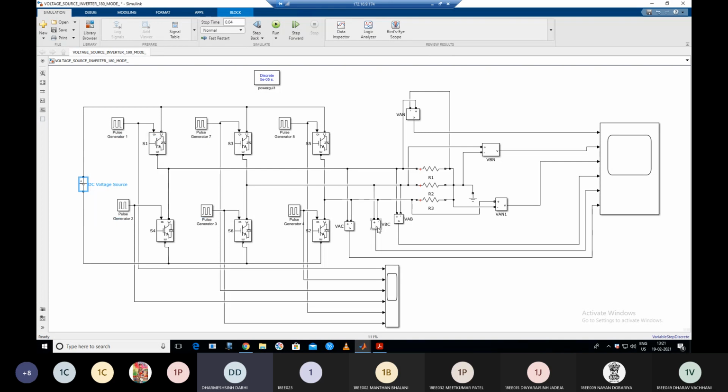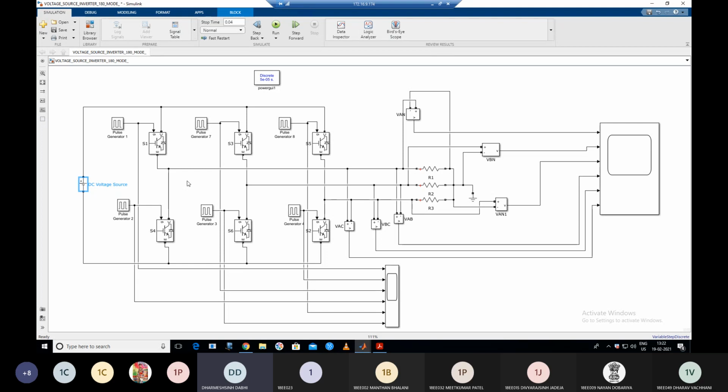Clear? Now our aim is to measure the line voltage and phase voltage in the simulation and match them with the line voltage and phase voltage we got in the theory. So we should get the same waveforms for phase voltage and line voltages as we got in the theory. Let's verify this here.